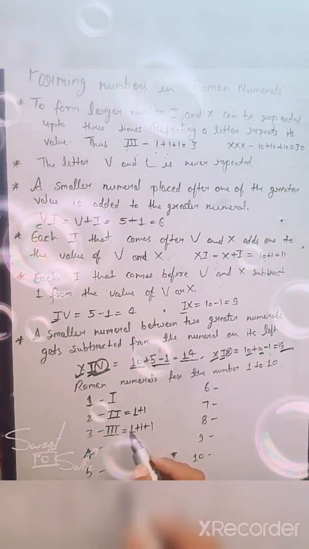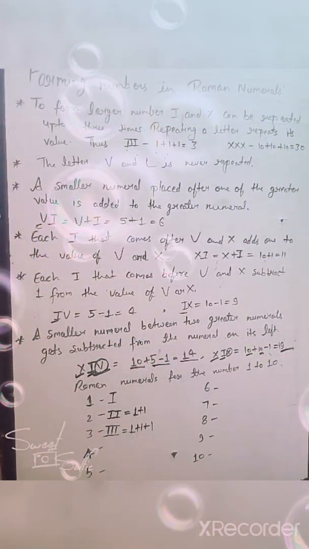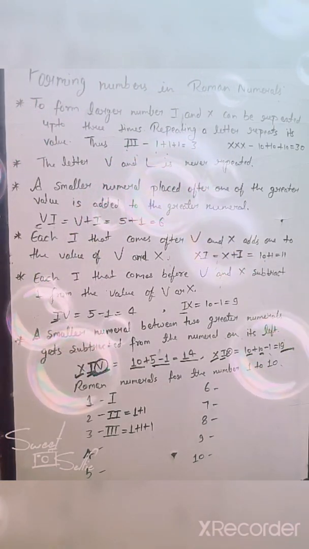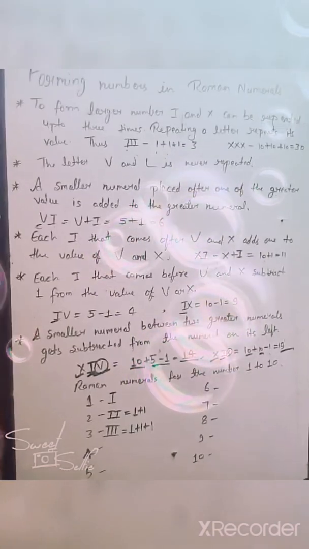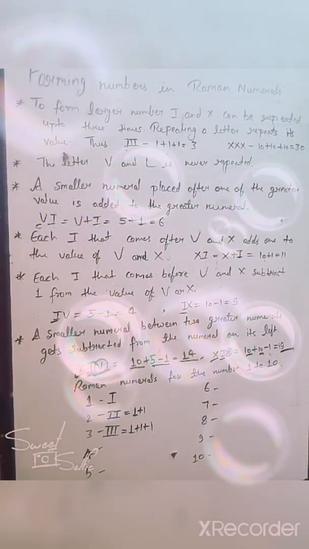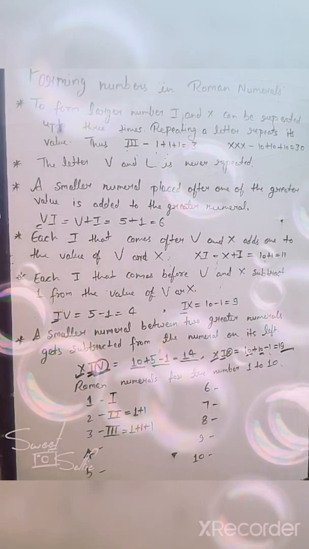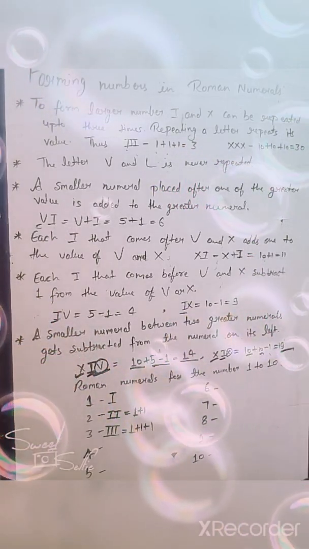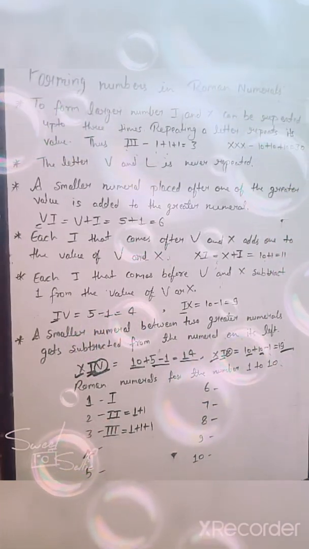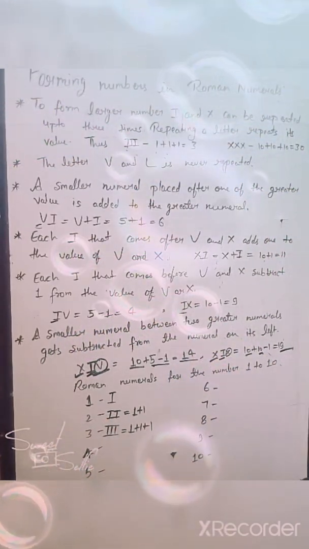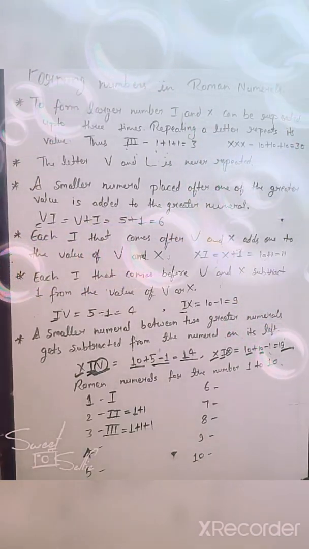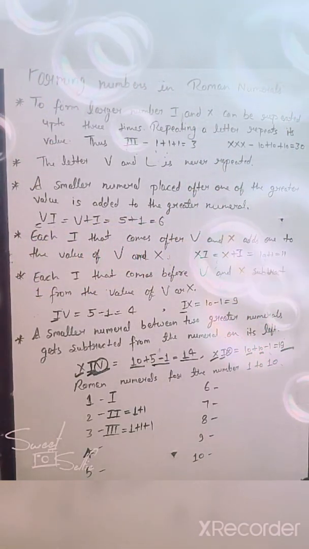And for 4, we know we cannot repeat any alphabet more than 3 times. So what will we do here? Here we can subtract 1 from 5. So for subtracting I from V, how should we write it?